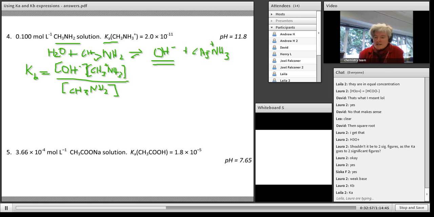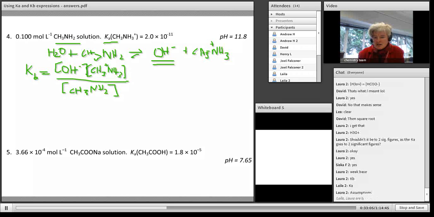Right, once I've done the Kb, what do I do next? So I've done the equation, I've done the expression. Now I have to assume correct. I do the assumptions so that I can substitute and do the calculation. So what can I assume will be the concentration of my base?